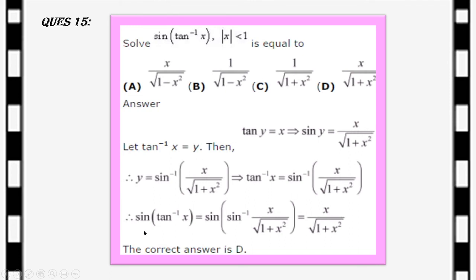Now sine of tan inverse x, we are taking sine on both sides, is equal to sine of this thing. So it is equal to x upon under root 1 plus x square. If you compare with the question, sine of tan inverse x is equal to sine of sine inverse of this thing. So this is the only answer, which is option D.